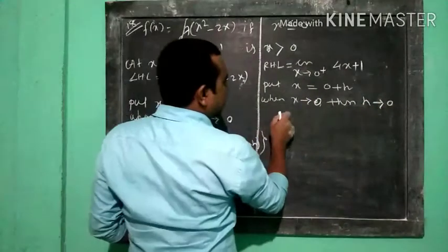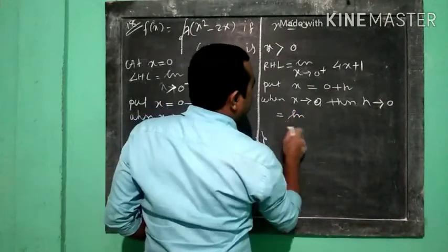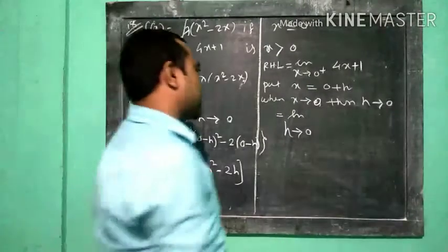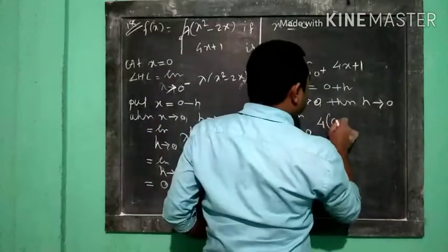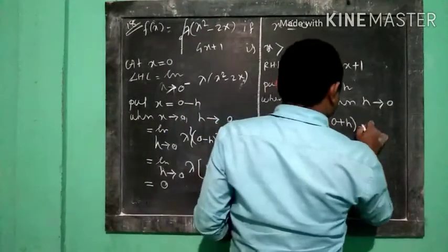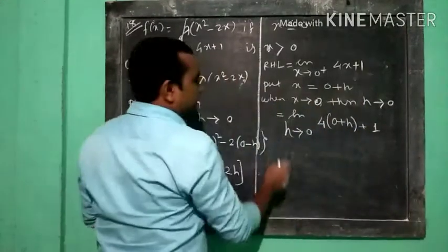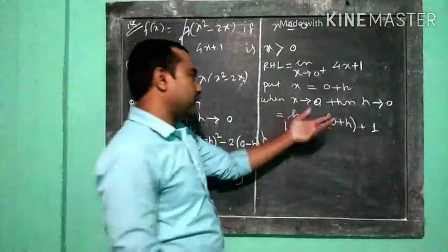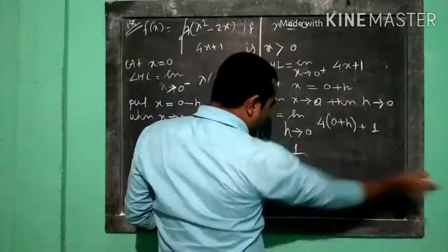So this is equal to limit h tends to 0, 4 into x, where x is 0 plus h, plus 1. If we put h equal to 0, then we get this is equal to 1.